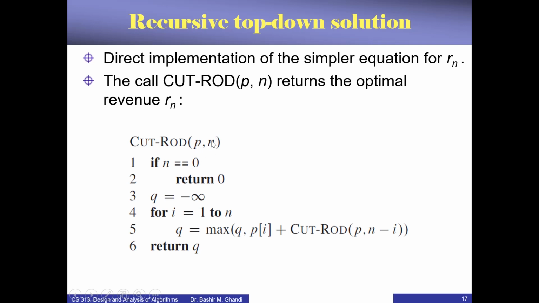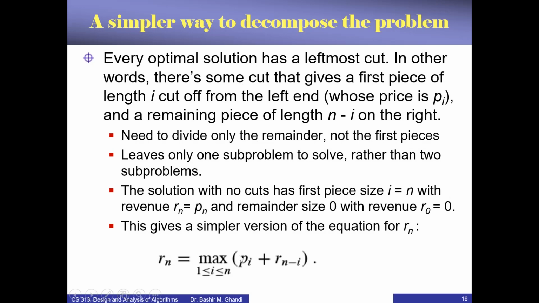So we have a rod of length n, and we want to know its optimal revenue. So this is the algorithm. It first checks if n is 0, obviously there is no revenue, so we'll return 0. Otherwise, we simply use a loop to find the maximum. So we are actually checking all the possible values here.